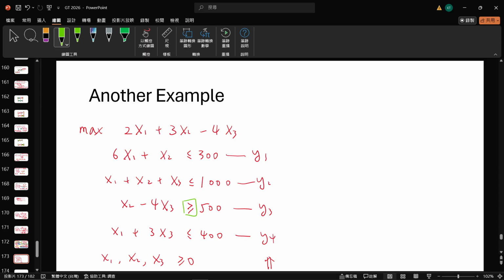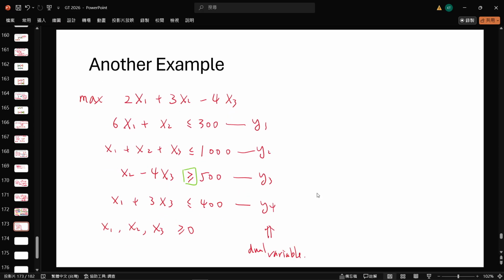So whenever you want to construct upper bound, you have to make sure that the sign is less than or equal to. So we first have to adjust the sign here. And how to adjust the sign? We just multiply -1 to both sides.